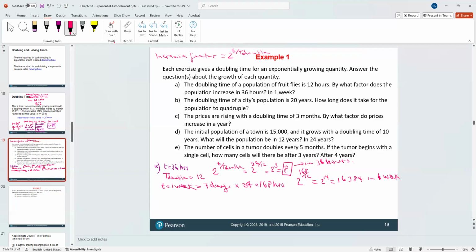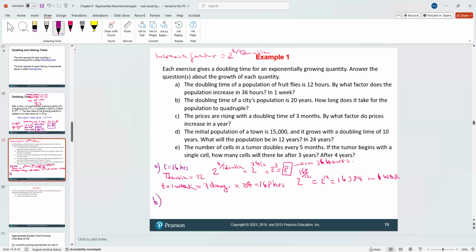The population will increase by a factor of 4, because quadruple means 4 times.